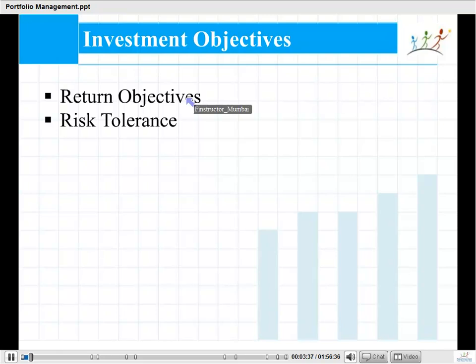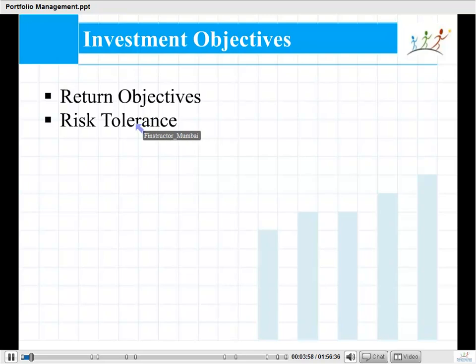Depending on what his aspirations are, we need to define what return the portfolio needs to generate such that the client's aspirations can be met. However, normally aspirations will be very high, such that the return requirement from the portfolio will be very high, and the risk tolerance may not be as high.